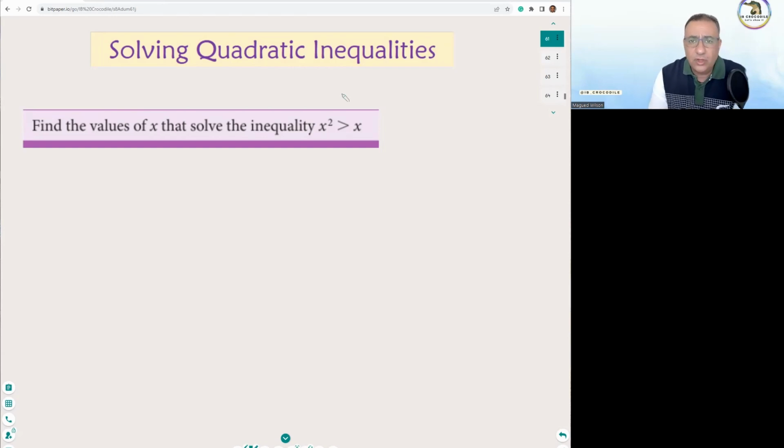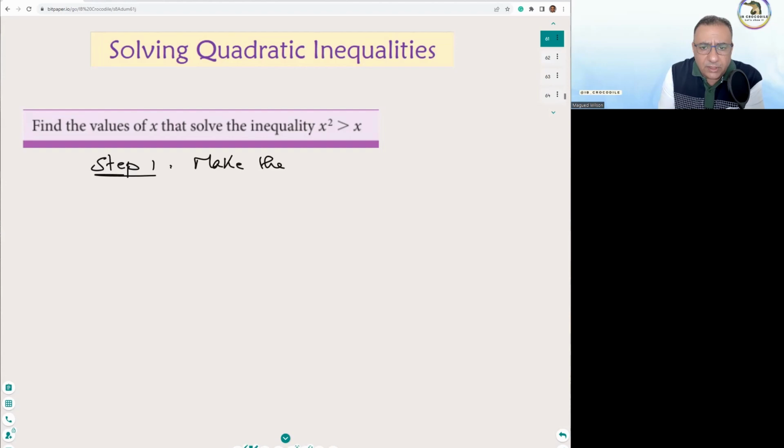Okay, so let me show you what I call the algebraic approach. The algebraic approach can be summarized into 3 steps. So step one, make the right-hand side 0.